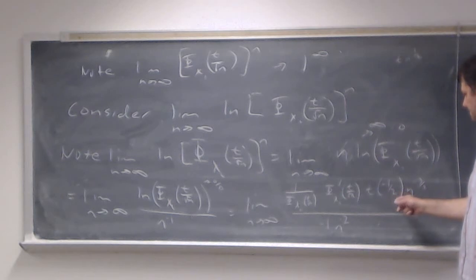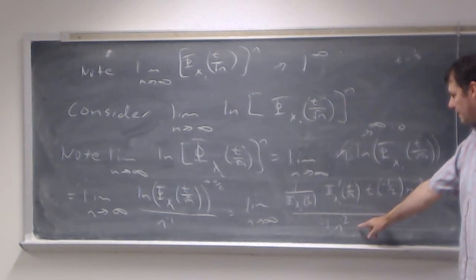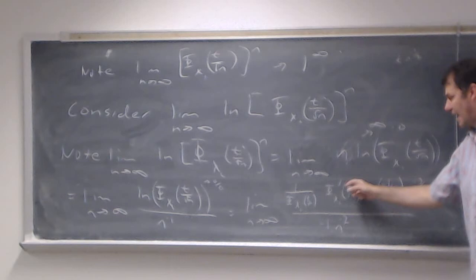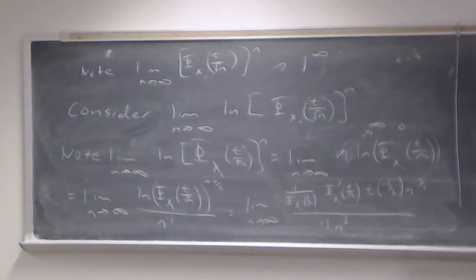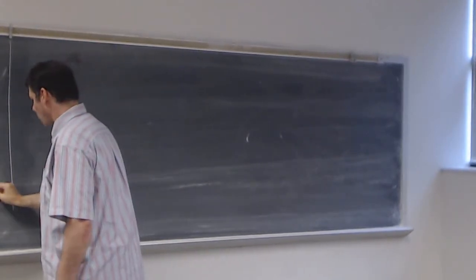When we do that, we end up with 0 on the bottom and 0 in the top as well, because this guy is going to 0. So here, I'll rewrite this, and this is a 0 over 0 form.